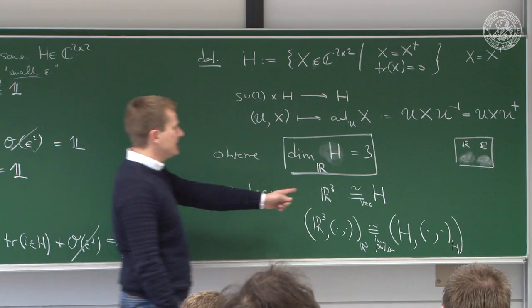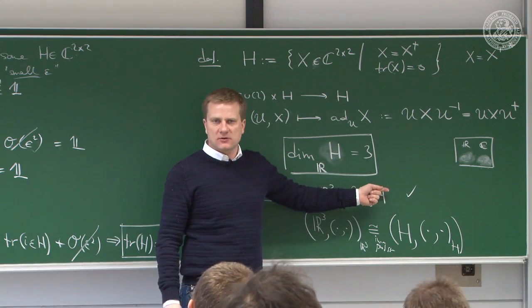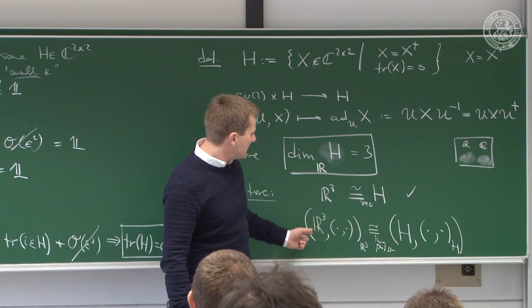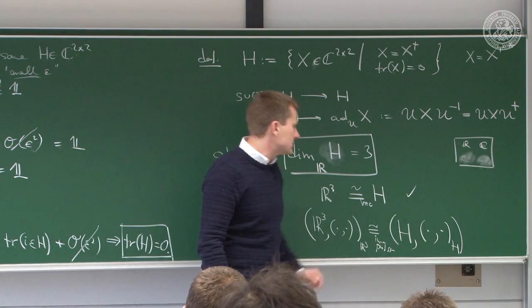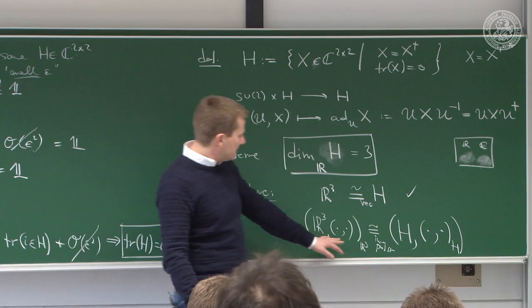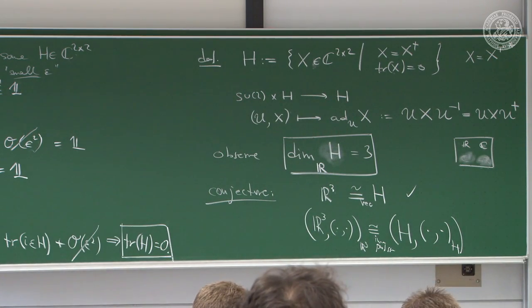So this here is clear, but in order to have an isomorphism, I need to construct a particular map. We know there is one, but then the claim is with respect to such a map, I can also show that with the standard inner product and here with an inner product to be defined, they're isomorphic as inner product spaces.